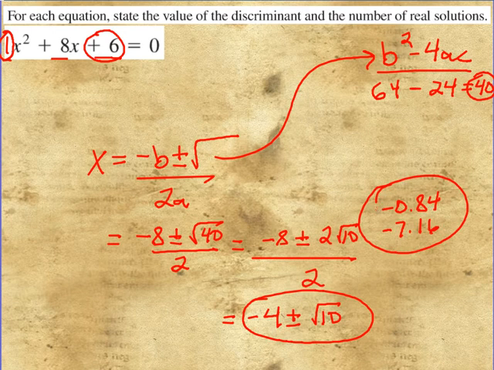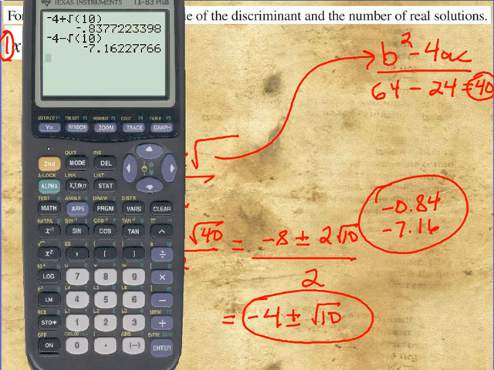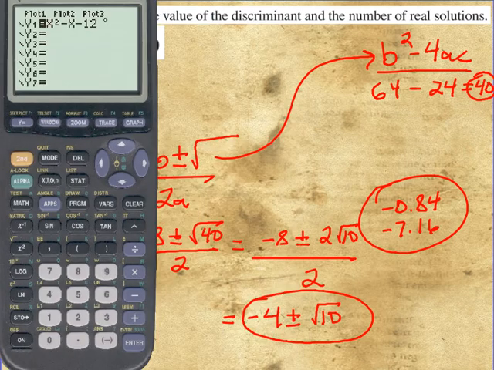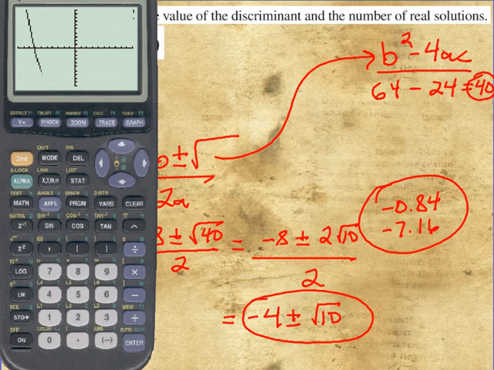I also want to point something else out. We're about to get into the equations of these things again. See, x squared plus 8x plus 6. Let me type that in. X squared plus 8x plus 6. Graph.